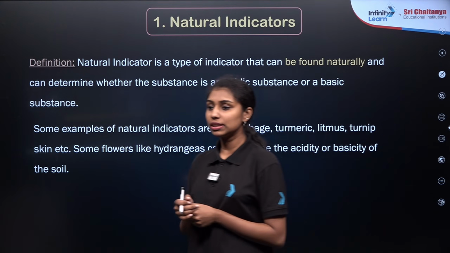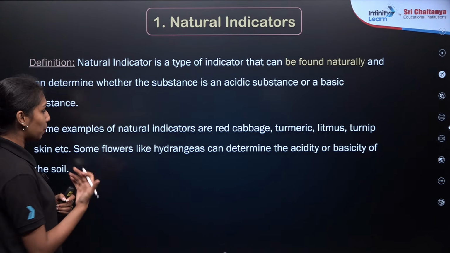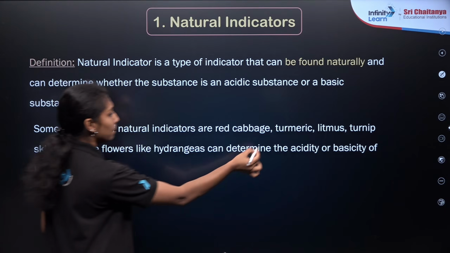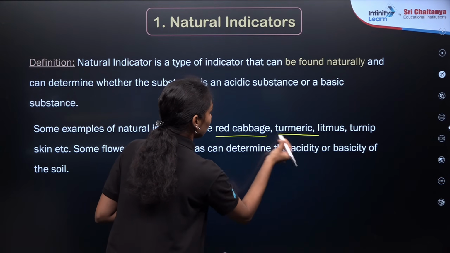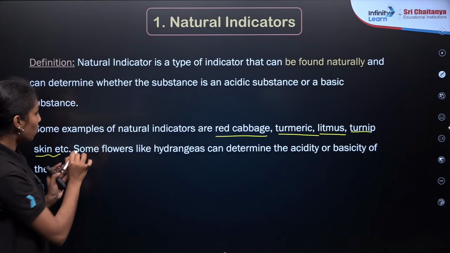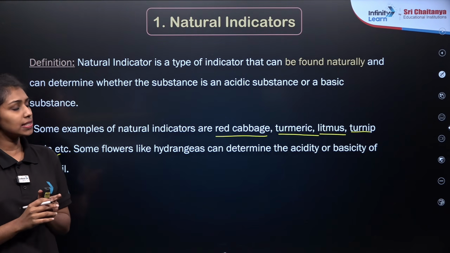Yes, turmeric is one of the natural indicators, right? So these are the common examples for natural indicators. What will be the color change?